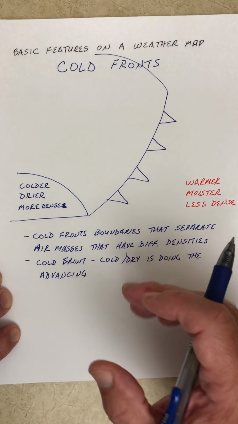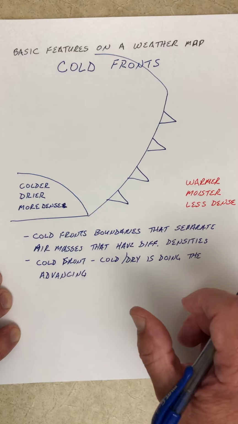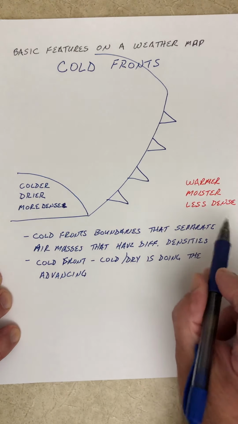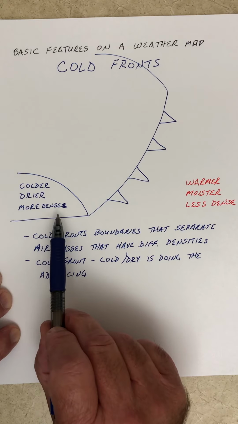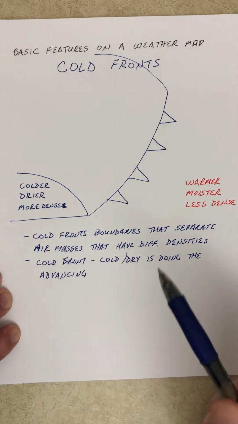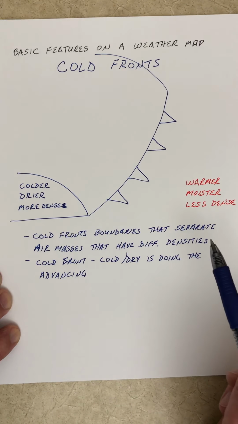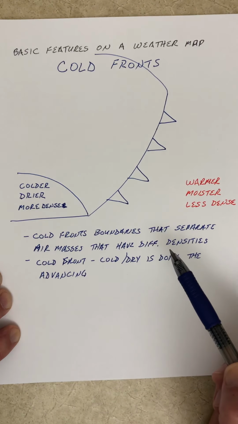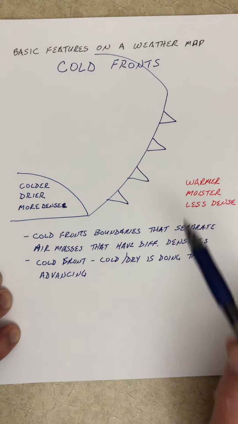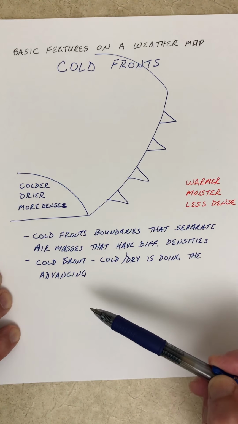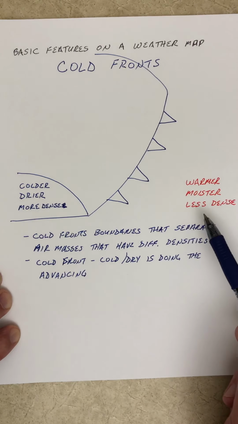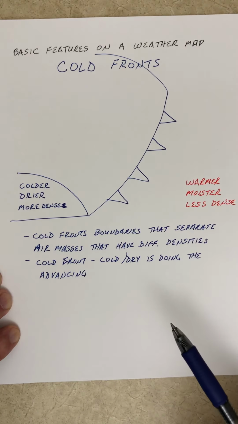And that's because oil and vinegar have different densities. The oil is less dense, it's going to float to the top. The vinegar is more dense, and so it settles to the bottom. So if you go to the grocery store and you look for meteorological salad dressing, and you pull the bottle off the shelf, the cold, dry air is going to settle to the bottom, and the warm, moist air is going to rise to the top because the warm, moist air is less dense.